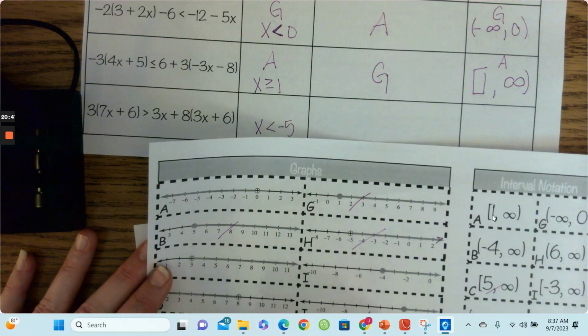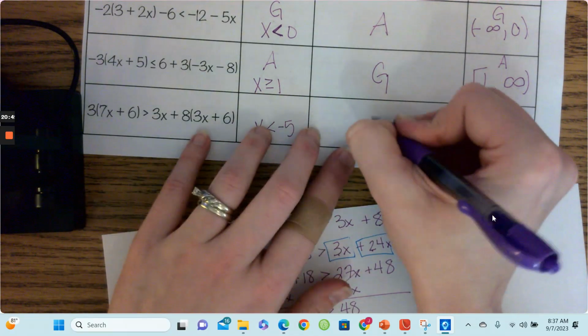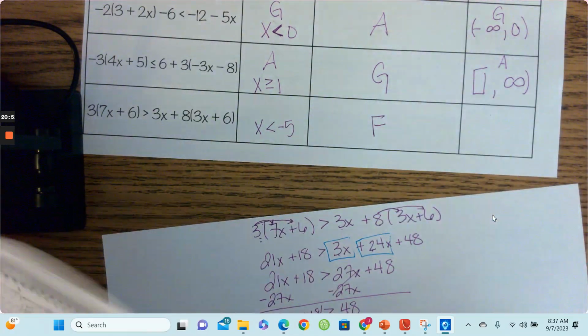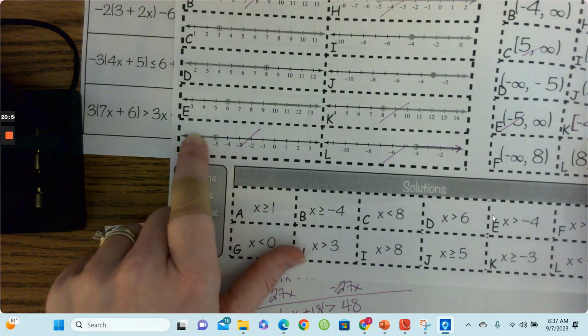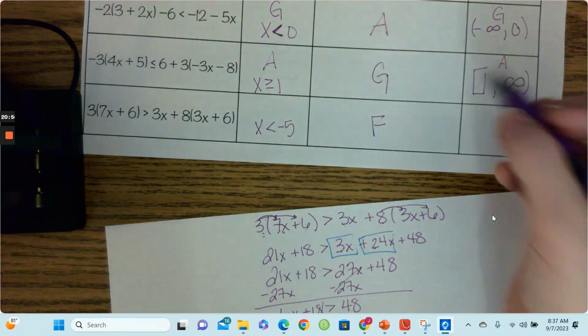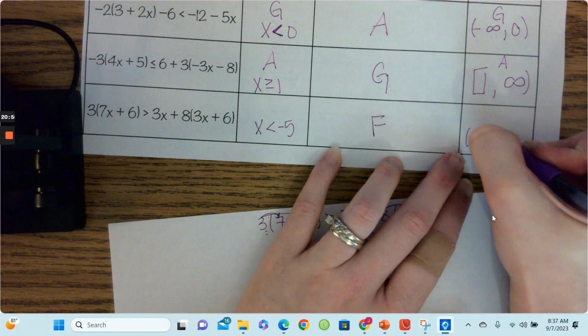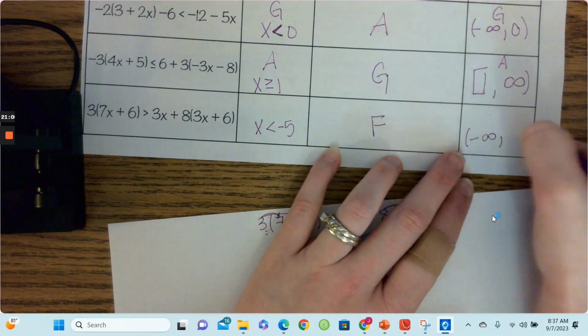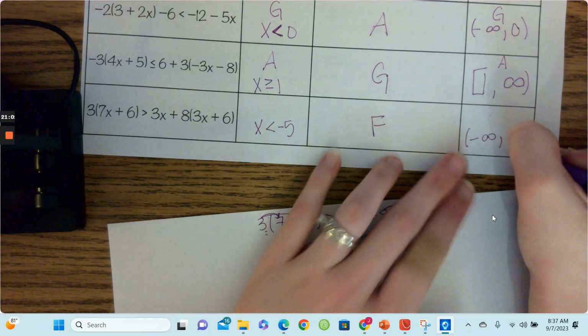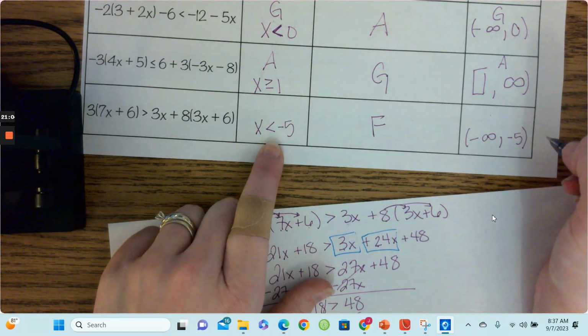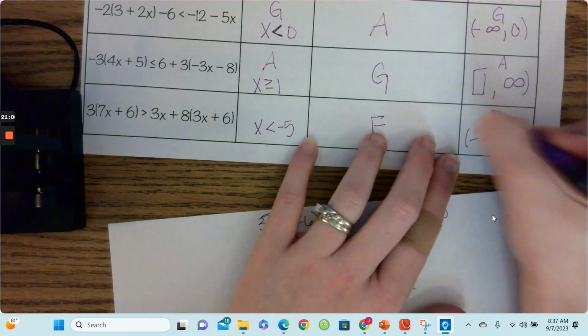That's F. And remember, when our arrow is pointing to the left, our start is negative infinity going to negative 5. And the negative 5 gets a parenthesis because there's no line underneath it. So that's D.